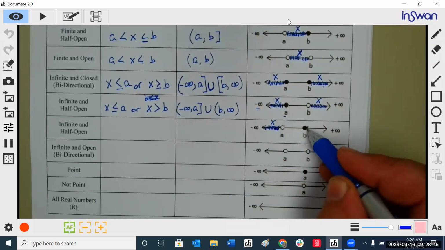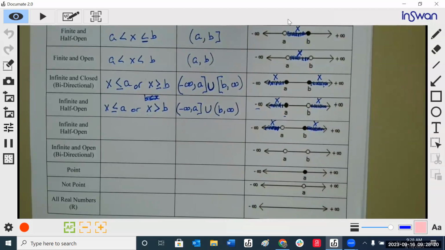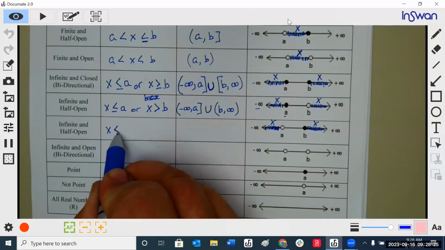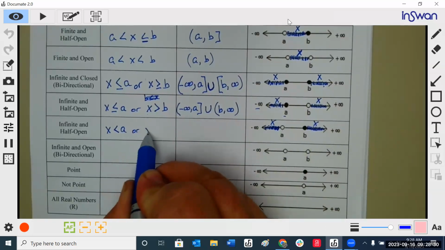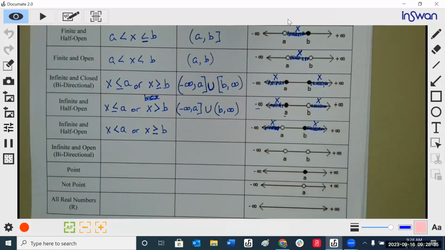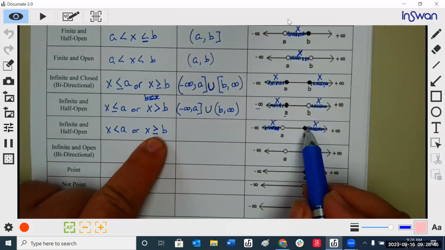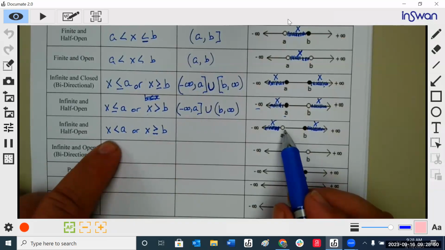There's my X. There's my X. So X is strictly less than A because it's an open circle, or X is greater than or equal to B because I can include it. Remember, since B is a solid dot, I can include it, so I have to have an equal sign. If it's open, I cannot have an equal sign.